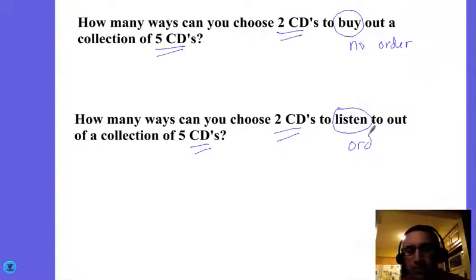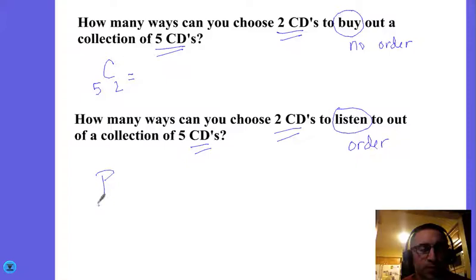But when you listen to something, the order does make a difference. If you think of a CD, the songs are ordered for a specific reason. When there's no order, it's a combination, 5 choose 2. But when there is order, it's a permutation. So we need to use our formula for each.